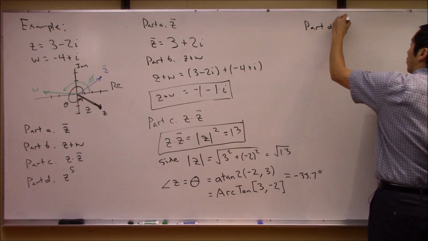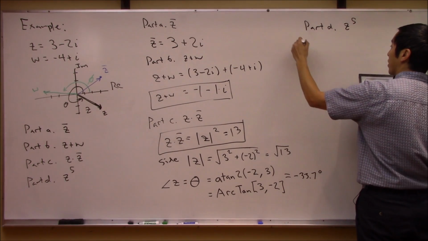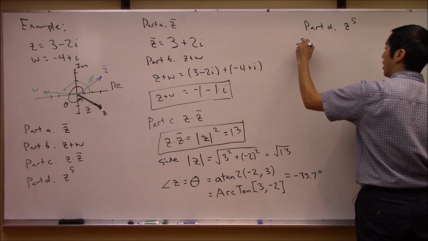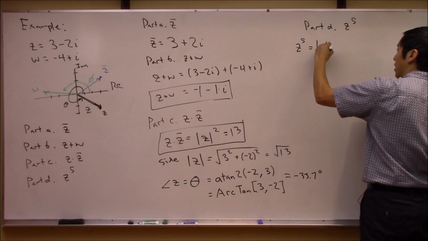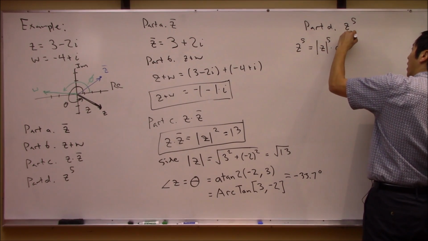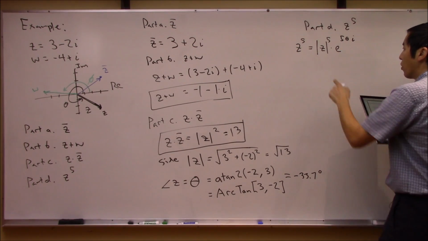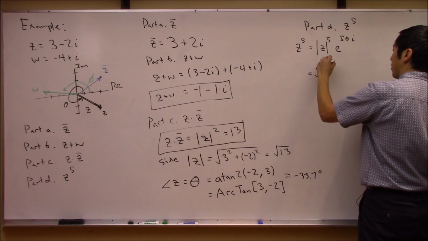Part D was trying to calculate z to the fifth. Using the power rule we developed earlier, this is just the magnitude of z to the fifth times e to the 5 theta i. The magnitude of z was root 13, and now I have to raise this to the fifth.